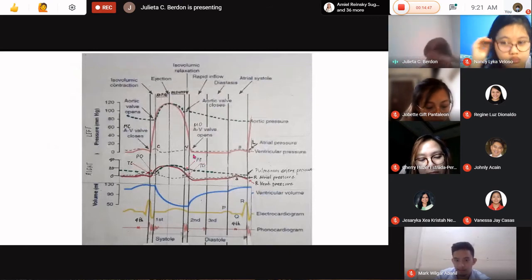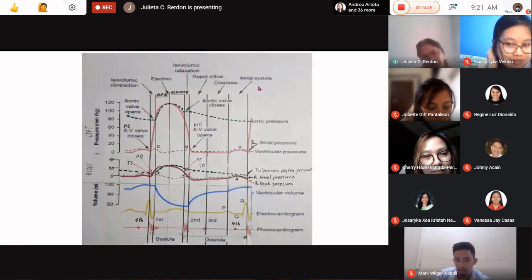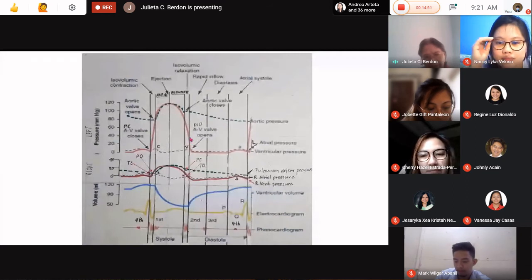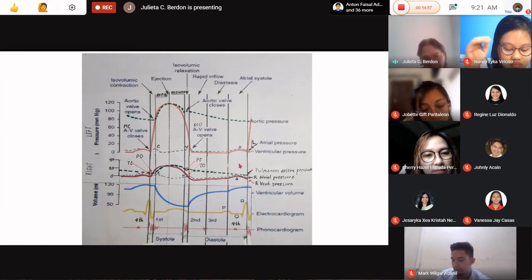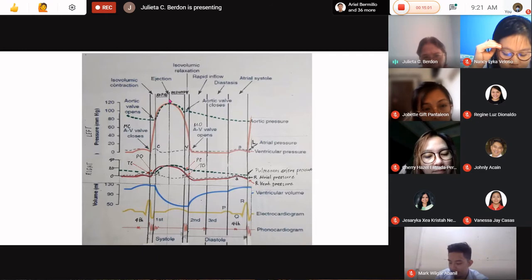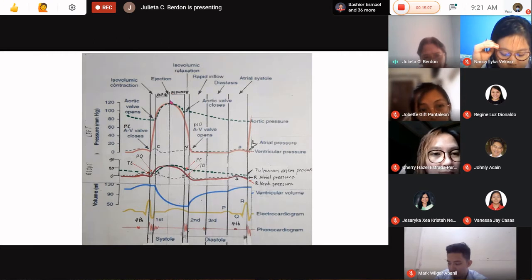Now, this diagram, I took this from your Guyton, but I made some modifications. For example, this line is not present in your Guyton, but I placed it there because I divided this phase into the rapid and the reduced.